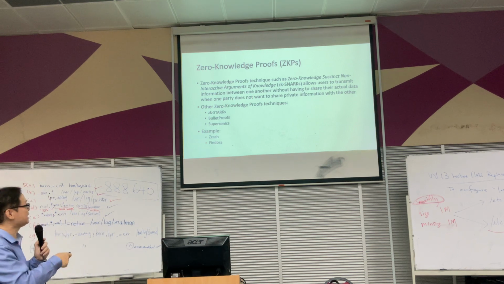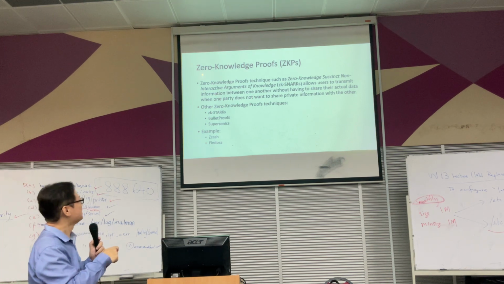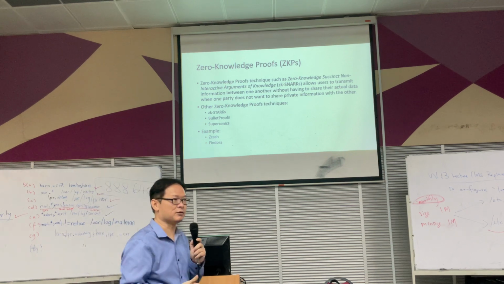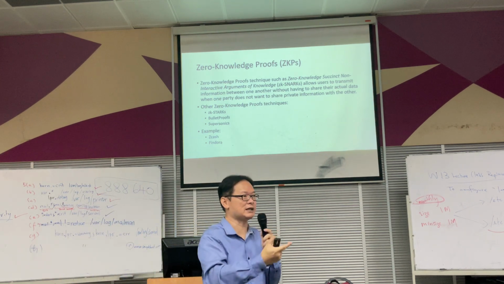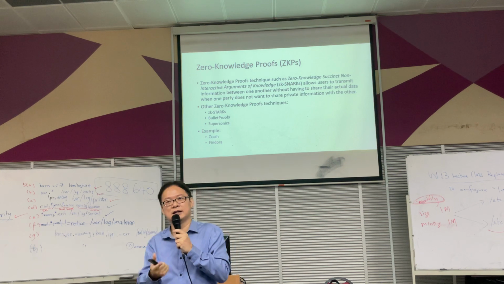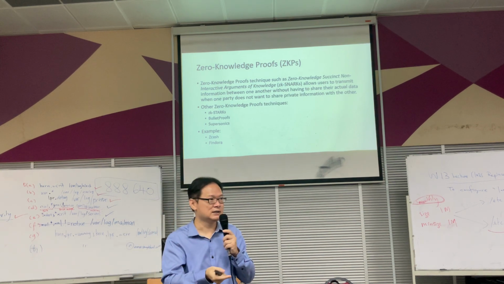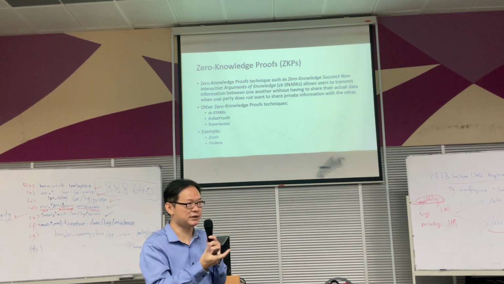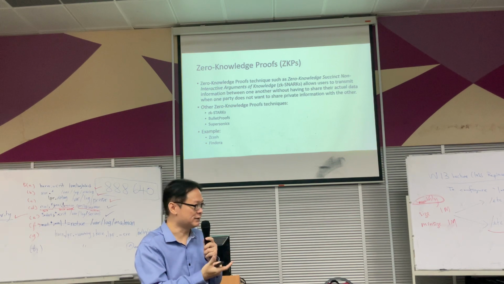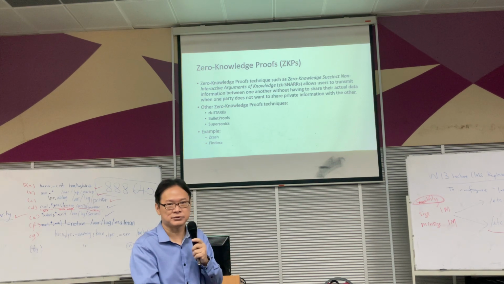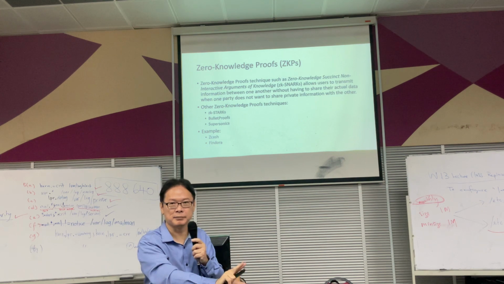So in blockchain, we can use zero knowledge proof for various purposes. The one that I can tell you is the one that you learned, how to verify the summary committed by someone back to your main chain.